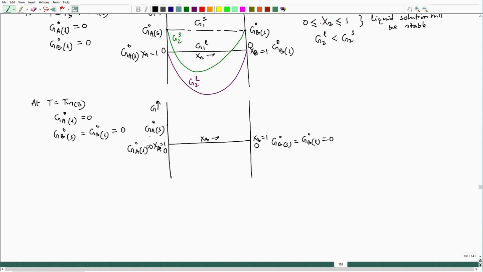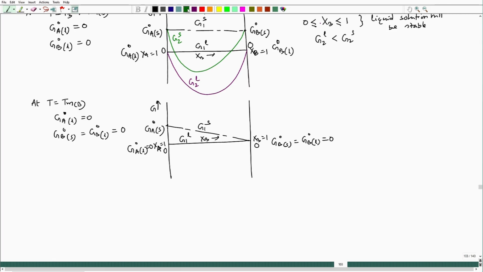So, if I try to see the G1 for the unmixed condition, G1 for solid and liquid, this becomes my G1 solid and this is my G1 liquid.